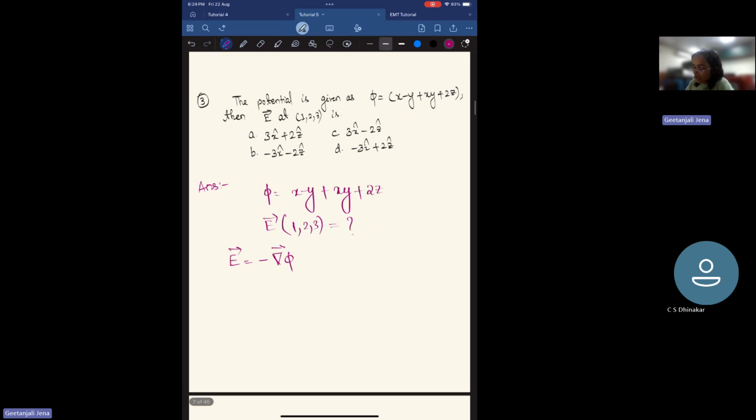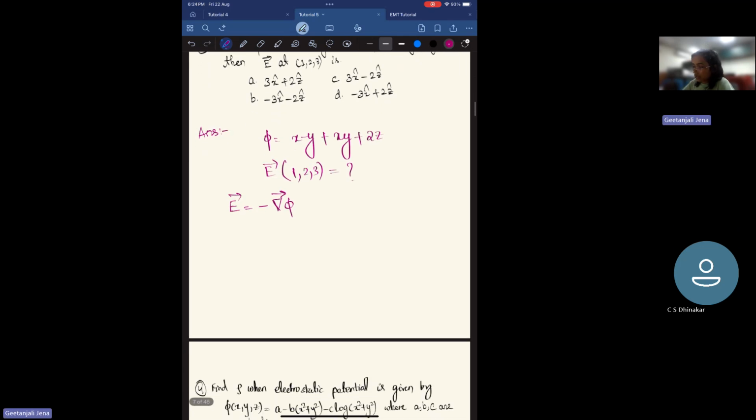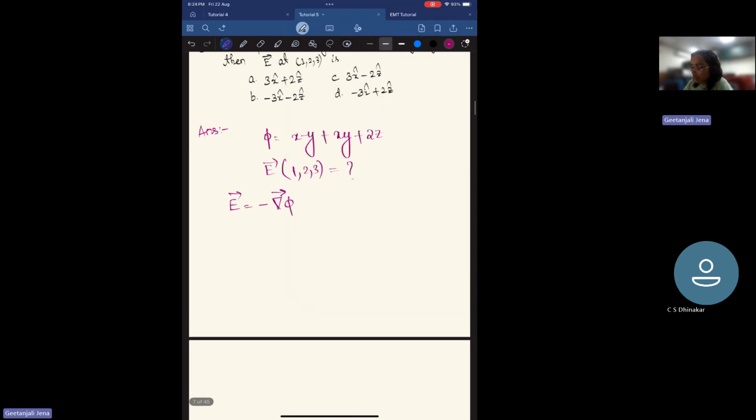So let me show you the steps, and check whether any of your steps follow the same, or whether you are missing anything. For Cartesian coordinates, we can take del as i cap dou by dou x plus j cap dou by dou y plus k cap dou by dou z.